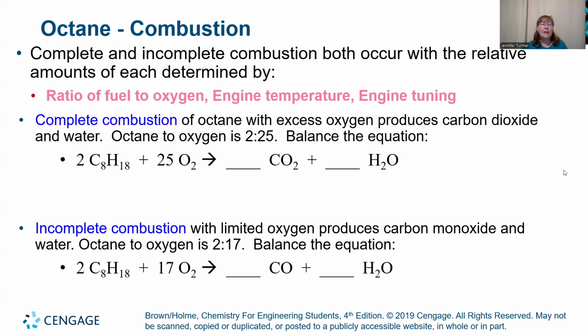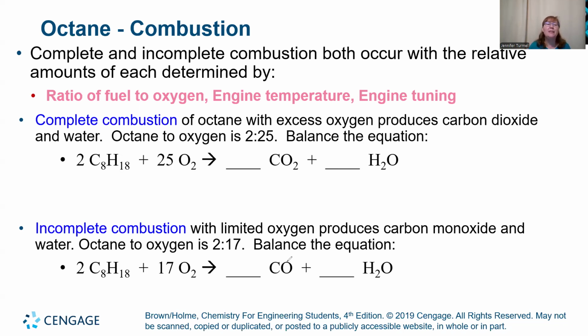Okay, now let's take a look at the combustion of octane. Okay, so remember, combustion always means burning with oxygen. And let's take a look at what this could be. So first of all, we have complete and incomplete combustion. So you can have a complete combustion that forms CO2, carbon dioxide, and an incomplete combustion that only makes carbon monoxide.